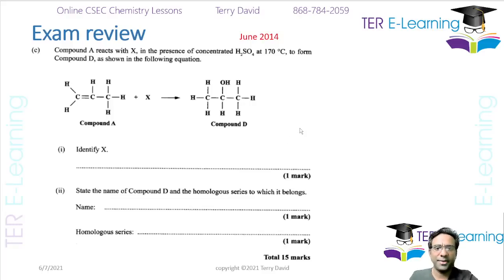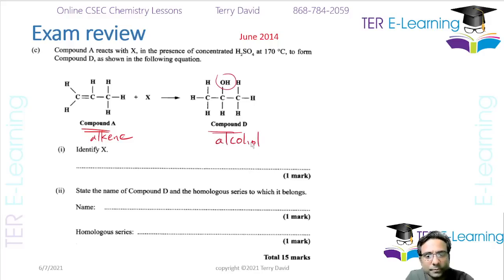Now, what do we have here now? So we have compound A. This is compound A here. It's an alkene, and that is being converted into, it's an alcohol. So this here is an alkene, right? And this compound here is an alcohol, right? Now, they want us to identify what is this X here.